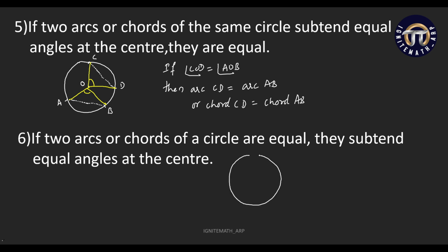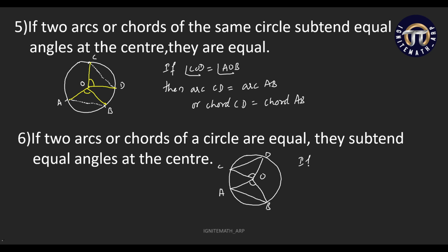Over here, in the beginning I know that chord AB is equal to chord CD. Clear? And this is the center. This is the angle subtended by chord CD at the center, and this is the angle subtended by chord AB at the center. Is it clear?